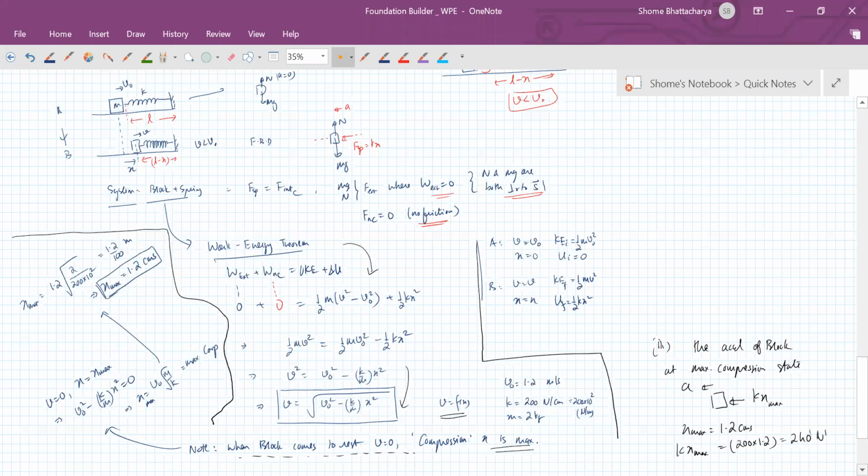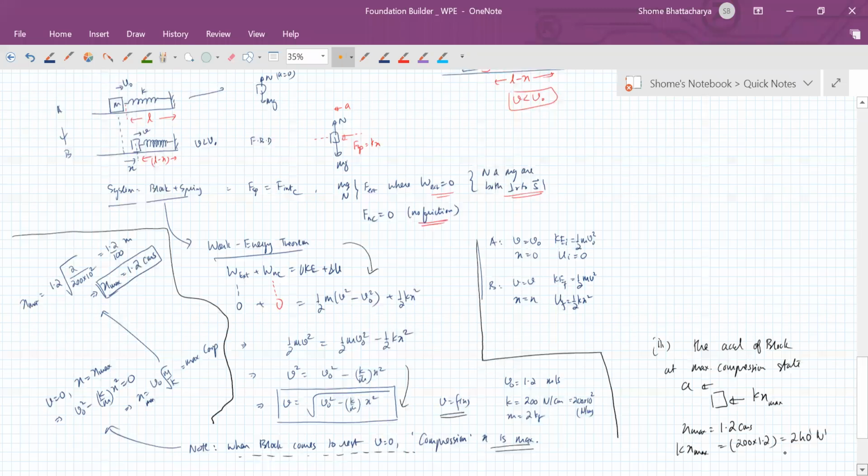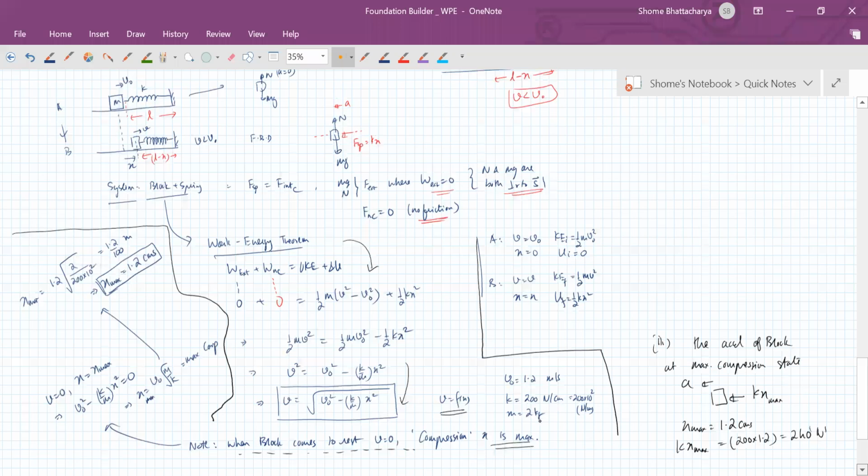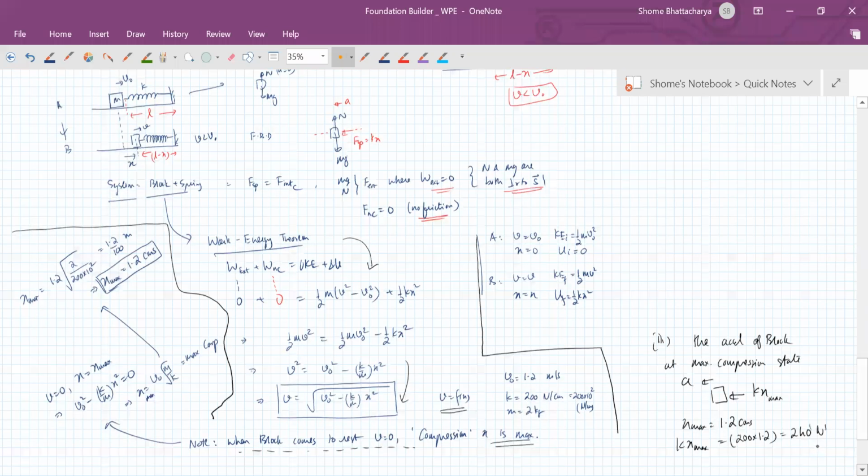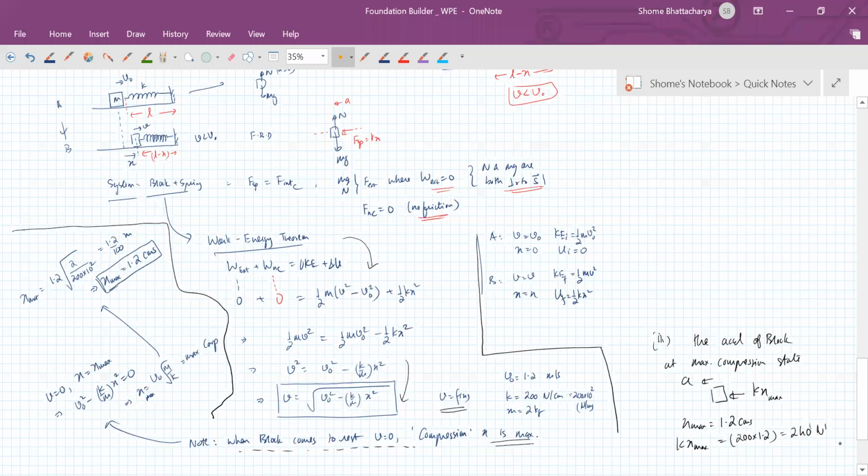So that maximum acceleration, the mass was 2 kg, will be 120 meters per second square. Is the question clear to all of you?